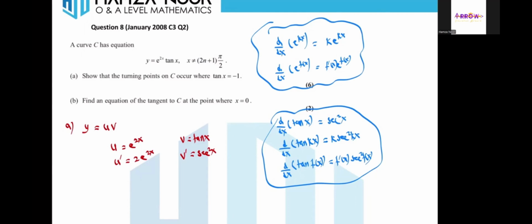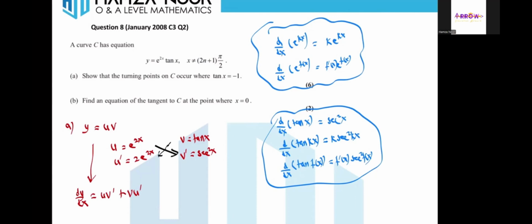The concept is that when the equation of the curve is given to us in the form y equals u times v, dy over dx equals uv dash plus vu dash. You need to remember this particular sequence, uv dash plus vu dash.